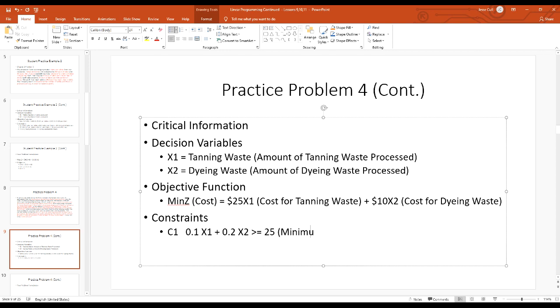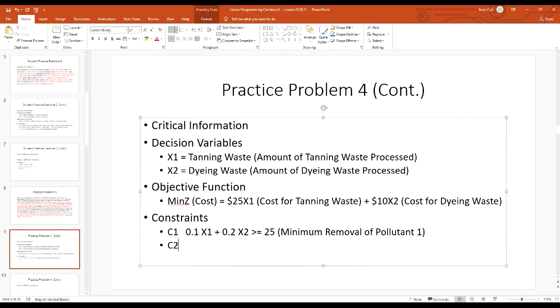So that's minimum removal of pollutant 1. So we remove 0.1 tons of pollutant 1 from tanning waste, 0.2 tons of pollutant 1 from dyeing waste. But it must be a total of at least 25 tons of pollutant 1.